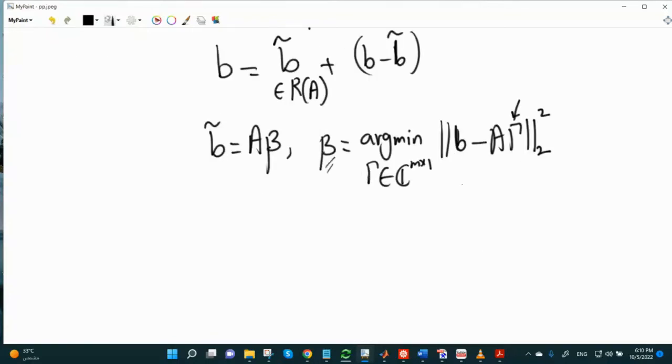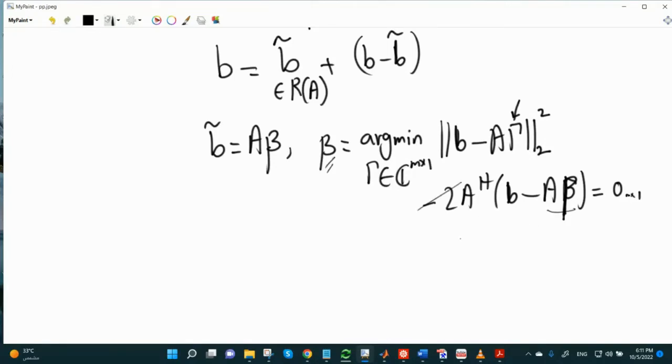So again, if you want to solve this, this is the gradient, B minus A gamma, equal to 0. And then this now will be beta, because if you equate to 0, then this will be the solution. And as you can see from here, B minus A beta is B minus B tilde.